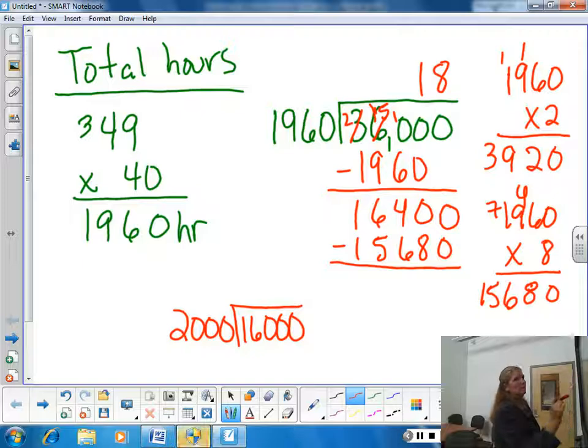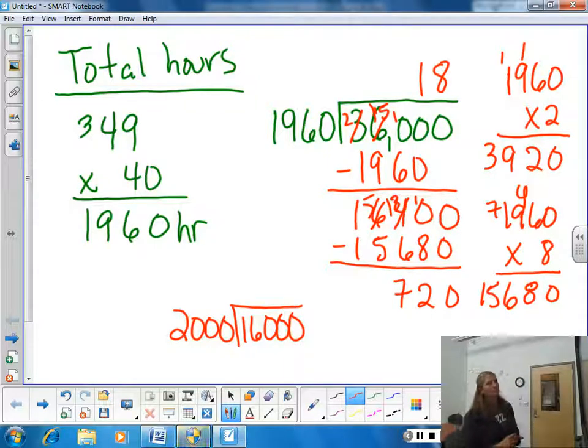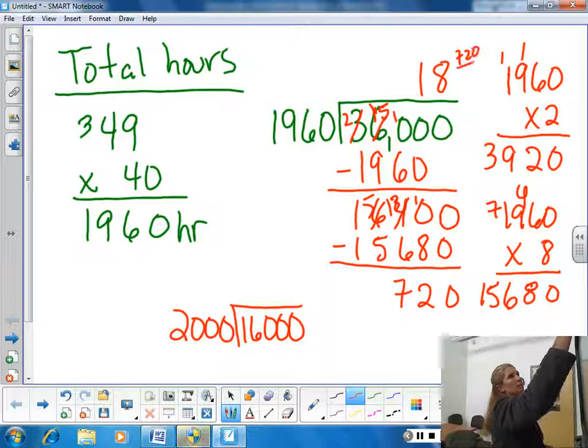And then I'm subtracting, I have zeros. 2, this I borrowed from to make 3. 13 minus 6 is 7. This was 5. So 720. 18 and 720 over 1960.